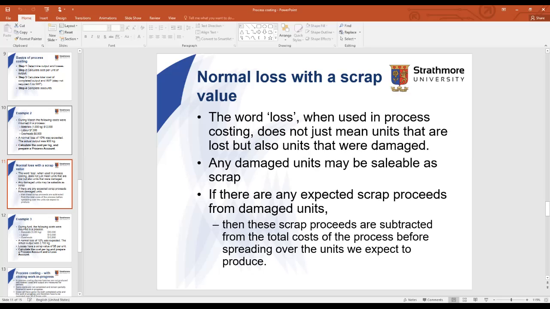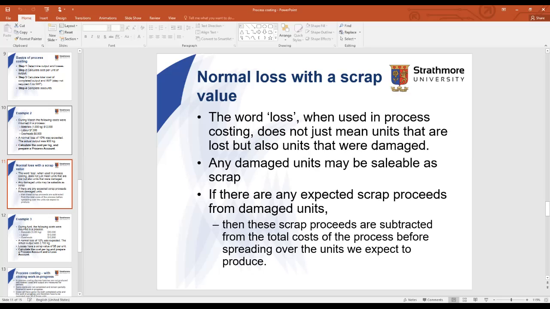So in case we have those damaged items, those lost items, by the term loss here, as I've tried to define, it does not mean that those items are not there. It could mean that those items are not up to the standard, what we call substandard, what we call factory rejects. I think you may have heard that term. It does not mean that those items don't have value.